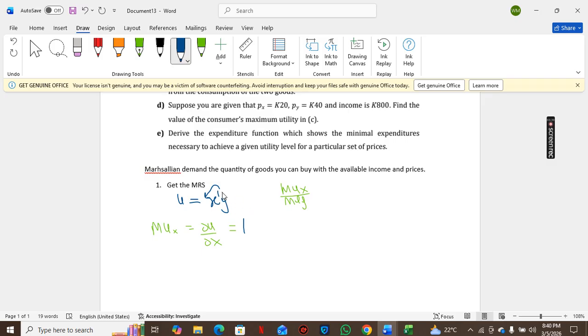Then you subtract a 1 from the exponent for X. 1 minus 1 is 0. So 1 times X to the power 0, Y. X to the power 0 is the same as 1, so you don't really need to show it. When we derive, we just get Y. Any questions?